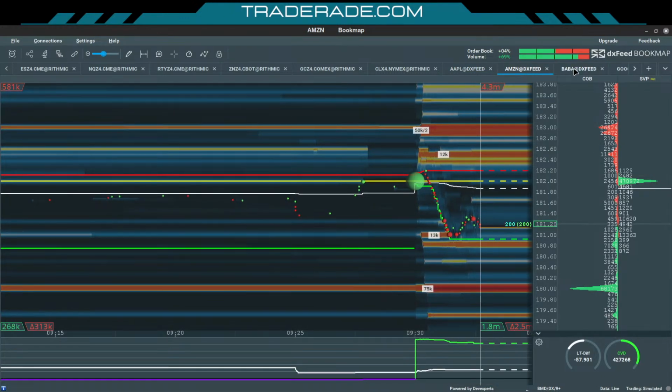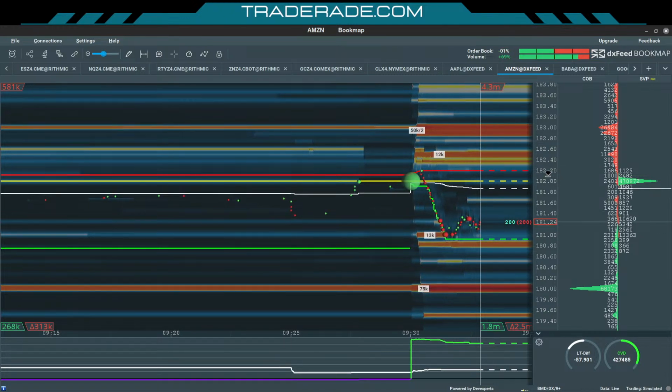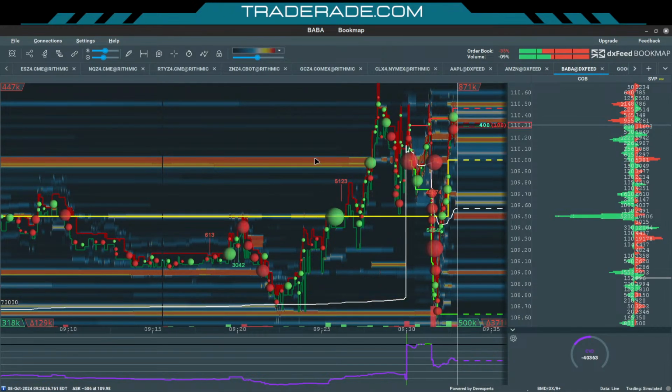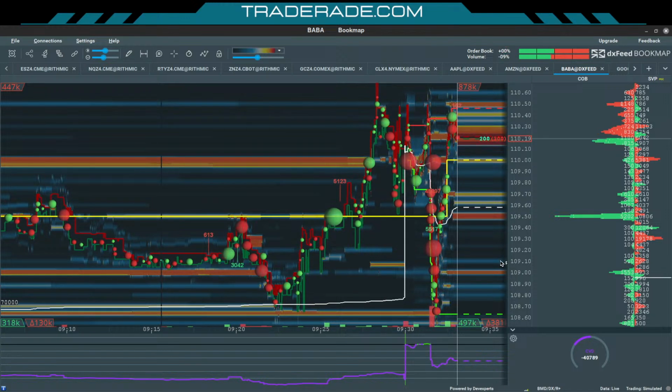Amazon, bit of a sell on the open as well. Seeing a fair amount of supply building overhead between 182.75 and 183, and some demand down there at 180 with 75,000 on bid. BABA, wow, look at this thing. It's just all over the map. It's already traded a $2 range and the market's just opened.